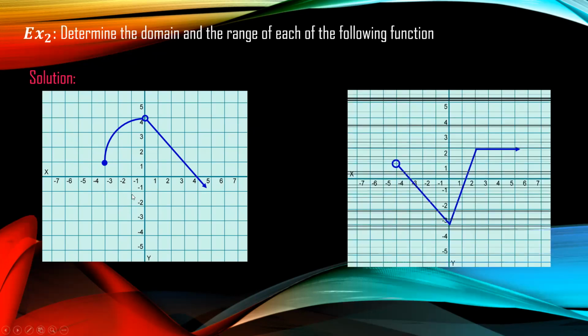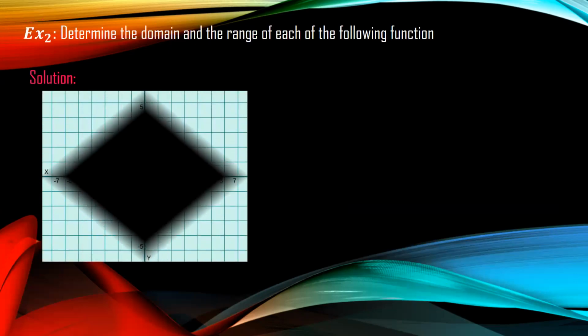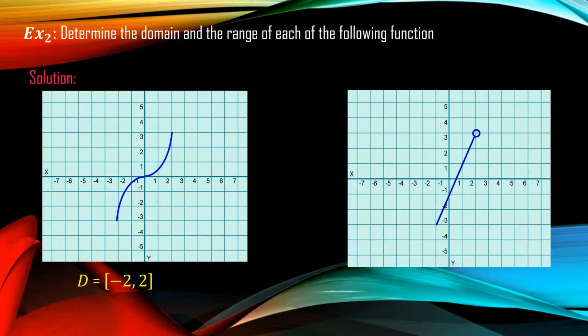From this function, it is clear that the domain is [-3, infinity) minus the set {0}, and the range equals the open interval (-infinity, 4). This curve, its domain is the open interval (-4, infinity), and its range is the closed interval [-3, 2].